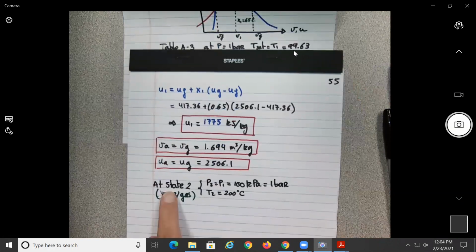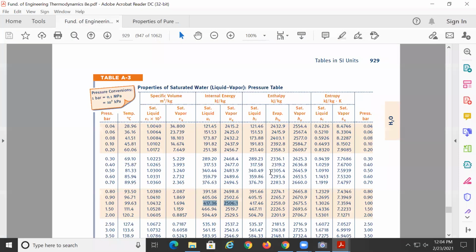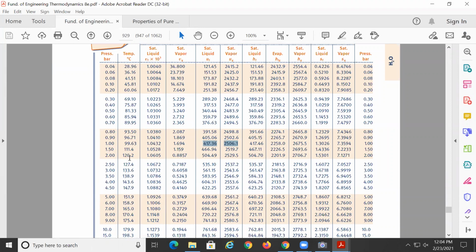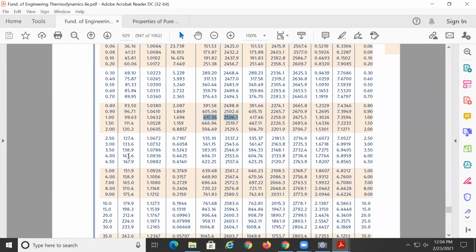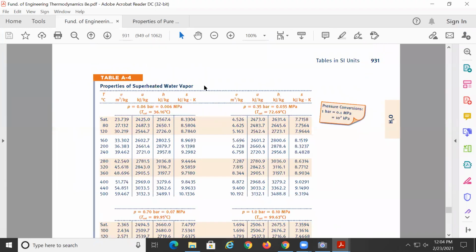If we know the state, we have to go to the table that gives you the state. I think it's table A4. But again, you could do it from this one. At 1 bar it is 99.63. We know we have 200, so it's going to be vapor. So let's see, table A4. This is superheated water, which basically means vapor or gas.